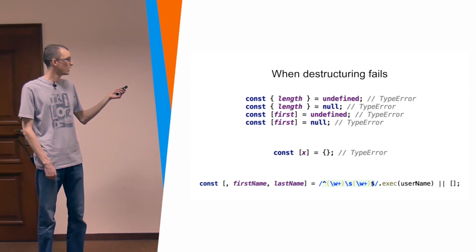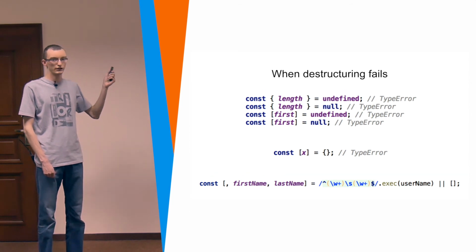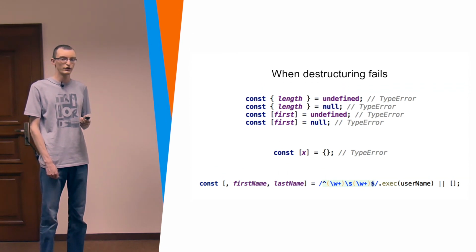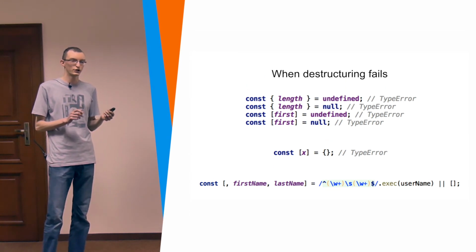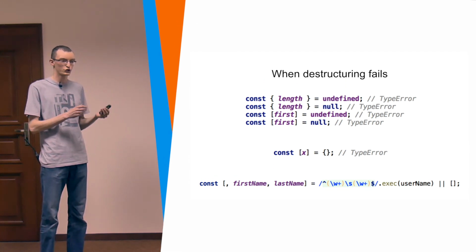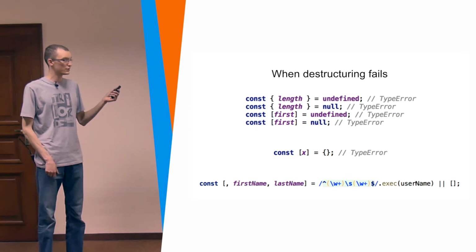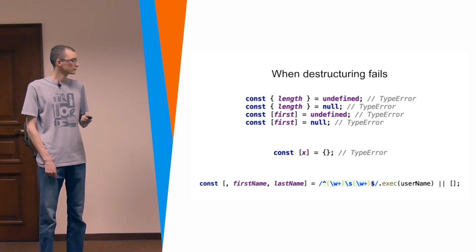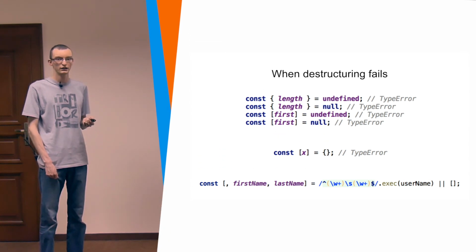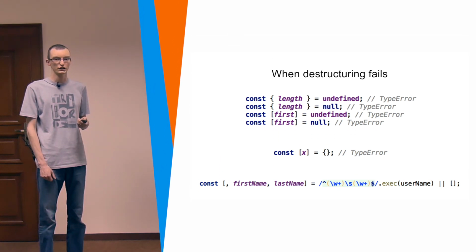Getting back to the example a few slides before, we have this exec method, and it can return null if the match is not found. To be safe, we can assign an empty array if such a situation happens.